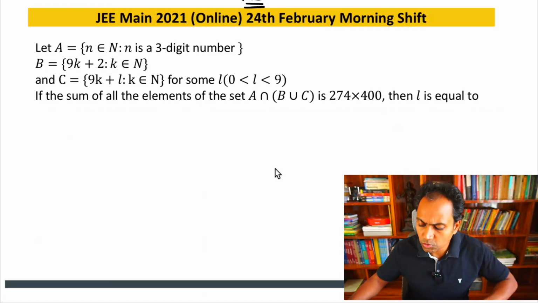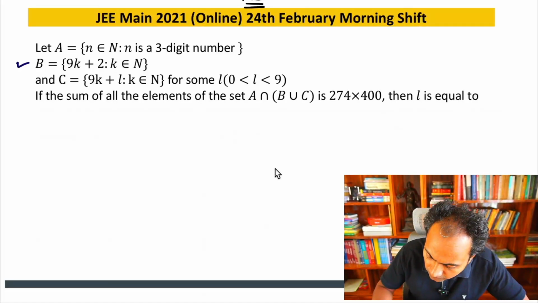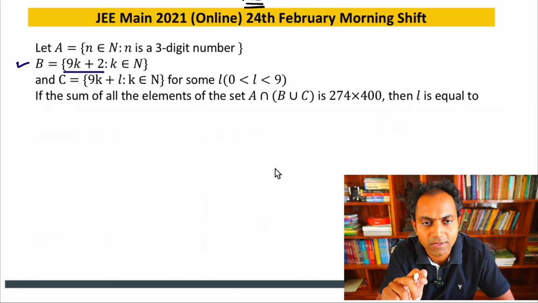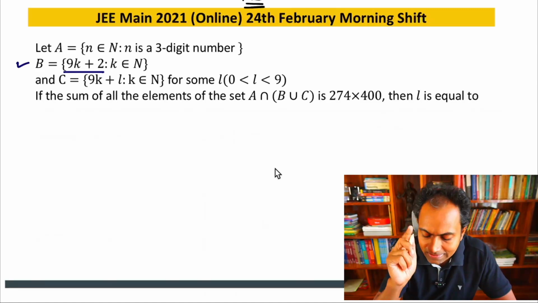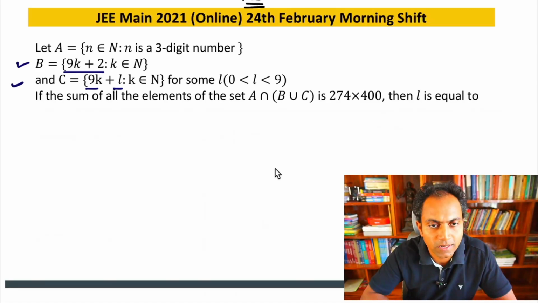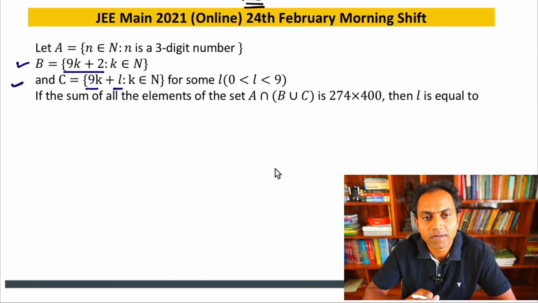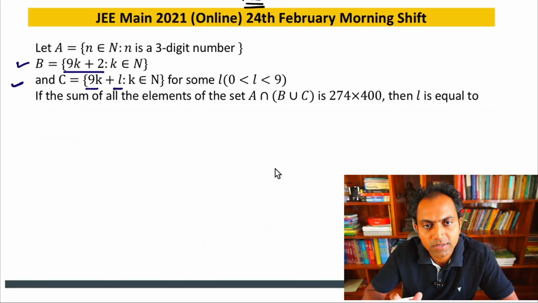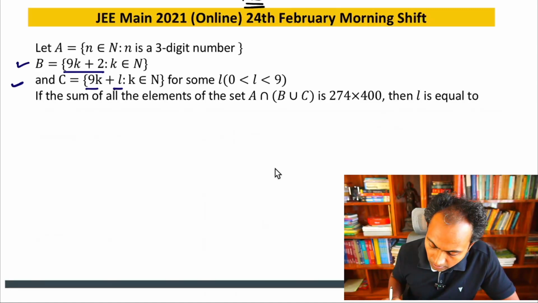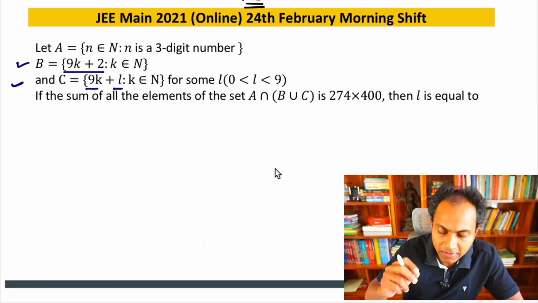Now let us try this 2021 question. This question talks about a set B where all the elements are in the form of 9k plus 2, so if I divide the number by 9, the remainder should be 2. Set C says that if I divide the number by 9, the remainder should be L, where L lies between 0 and 9. And set A is any natural number which is a 3-digit number. So any element of B should be a 3-digit number.